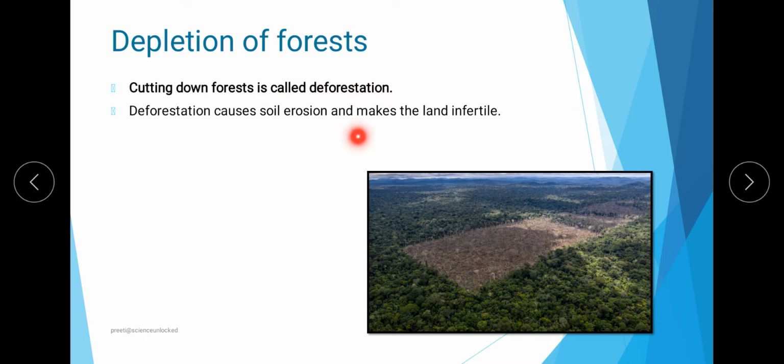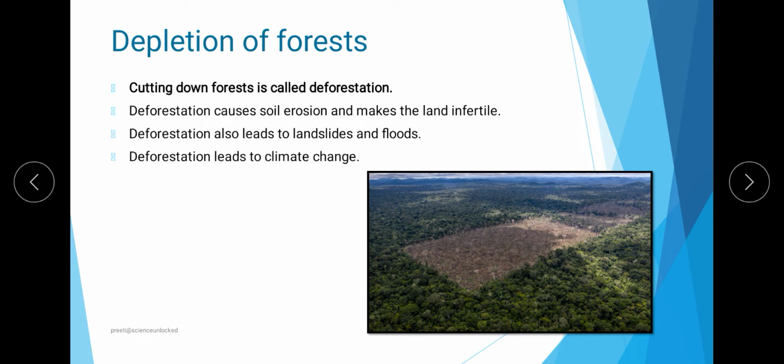So whether we talk about soil erosion, infertility of the land, landslides and floods because the weather is not being maintained properly, the different climate changes that we observe, and of course the loss of flora and fauna. These are the important problems that we need to take care of, because they are ultimately turning into problems on a very wide scale.